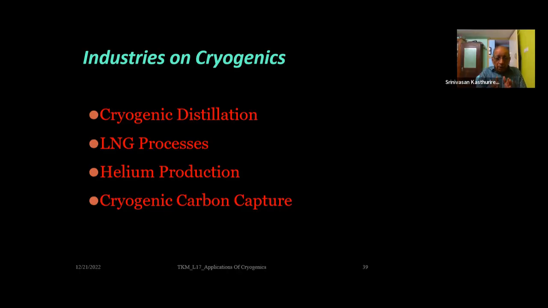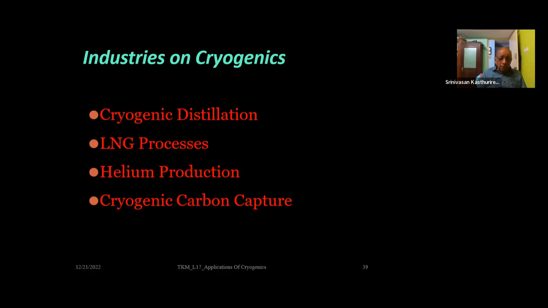In many cases there are two different fluids with very close boiling points, say liquid nitrogen and liquid oxygen, at about 90 Kelvin and 77 Kelvin.